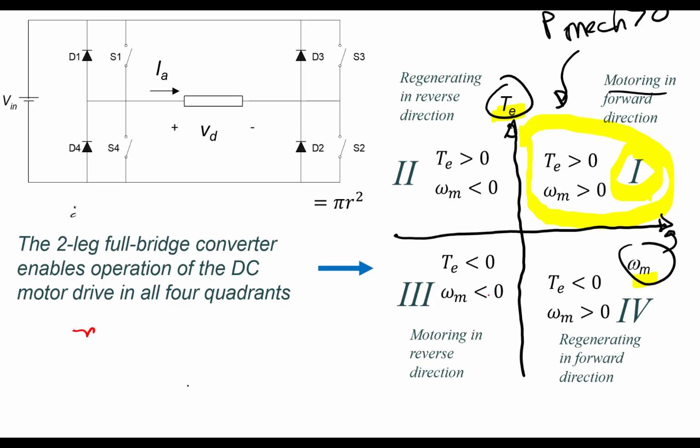Well, I go in the opposite direction. I still want to motor, so I still want P mechanical to be greater than 0. So even though the speed went negative, I also have to make my torque negative so that the product of those is positive.